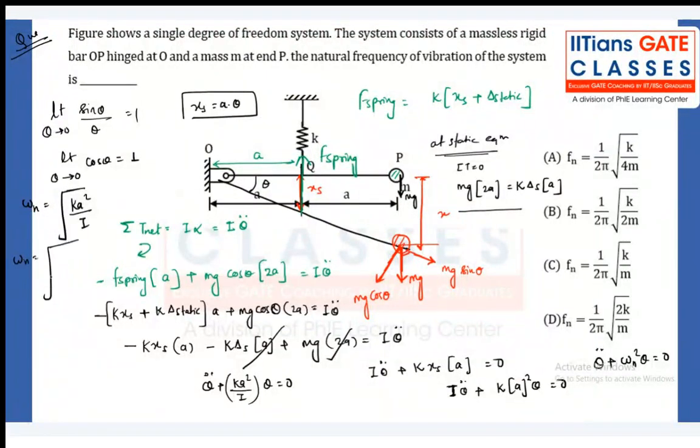It's very simple: k a square divided by m into 2a whole square. If you work it out, you are going to get option A.